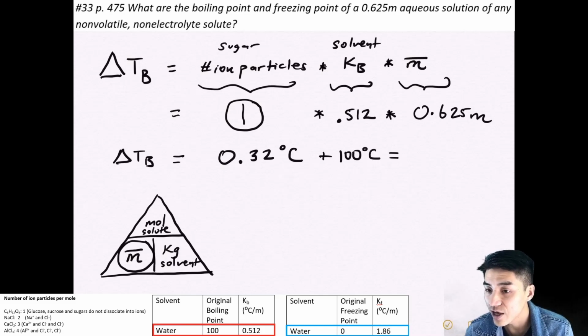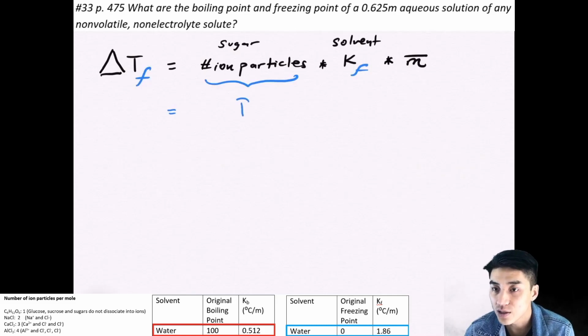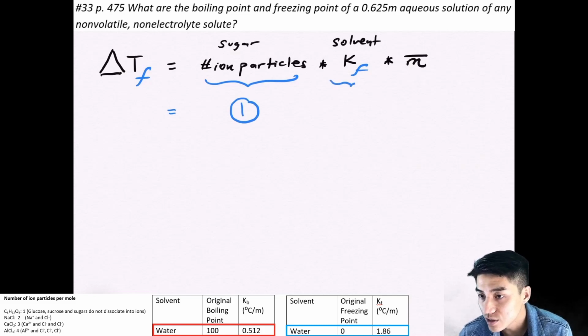I'm going to add that to its original boiling point. You can see it highlighted there in red. Water boils at 100, so when I add the 0.32 to it, I get a total of 100.32 degrees Celsius. That's the new boiling point. Moving on to the next problem, the only difference is we're going to use Tf and Kf for freezing point.